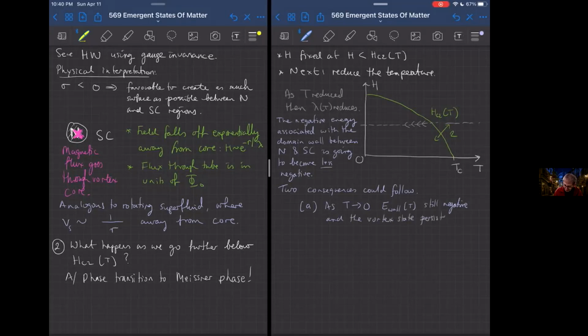So you always stay in the vortex state. So that's a logically allowed possibility.